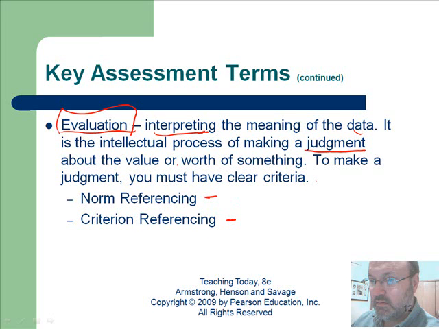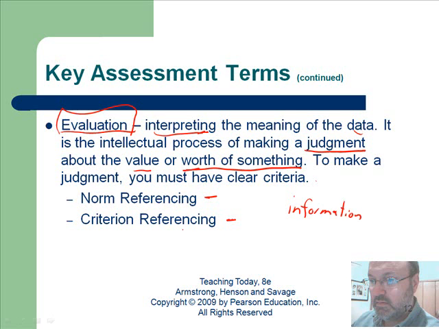Let me just say this is interesting here, the value or worth of something. This is what's changed also in our world of learning, especially being a connected world: now there's all kinds of information out there. Billions and billions of pieces of information on the internet. But what we need to learn to do, and teach our students to do, is determine the value and worth of all the different pieces of information.